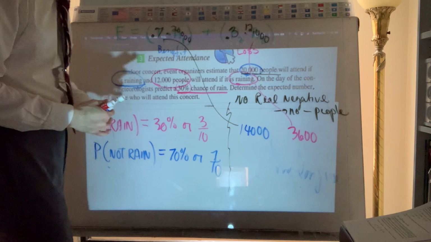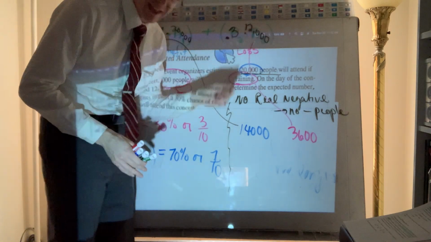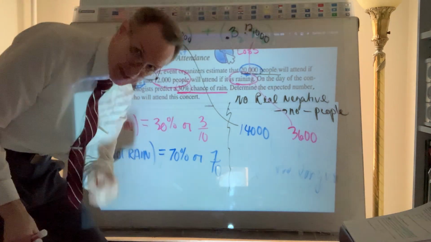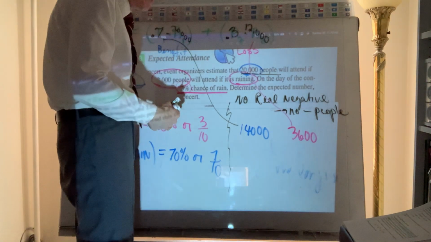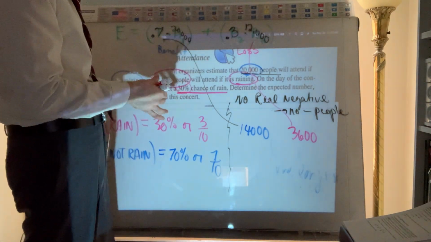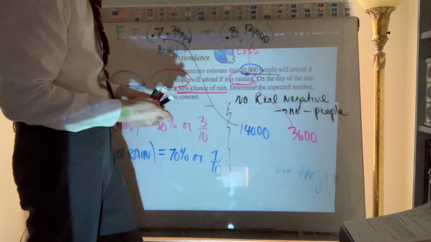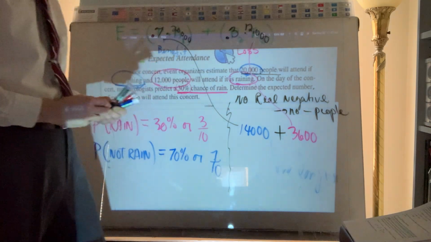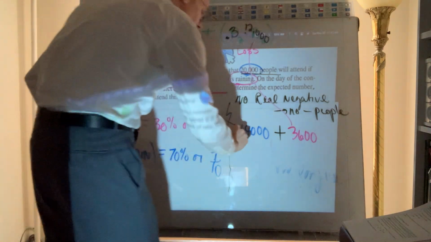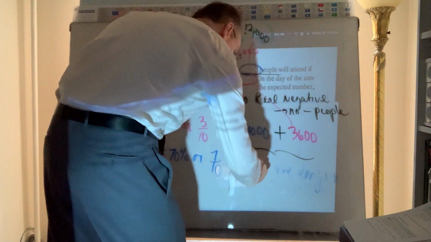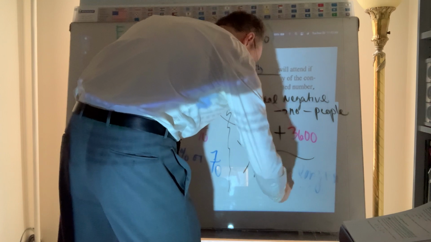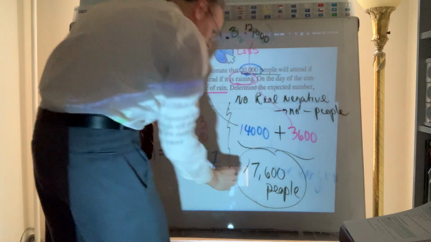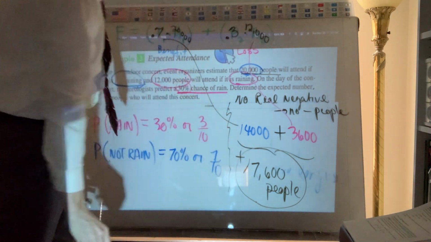And then again, because you're still having people come, you're not getting a negative value of people. There's no such thing as a negative person, right? Maybe they have a bad attitude, but they're still present is the point. So you're going to just leave this as a plus and then add them. What would it be? 17,600 people in the long run, and it's a positive.